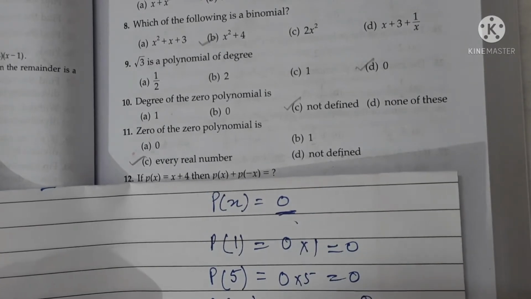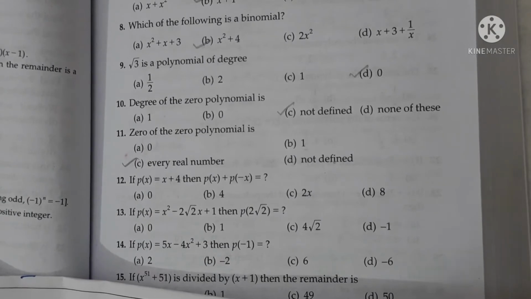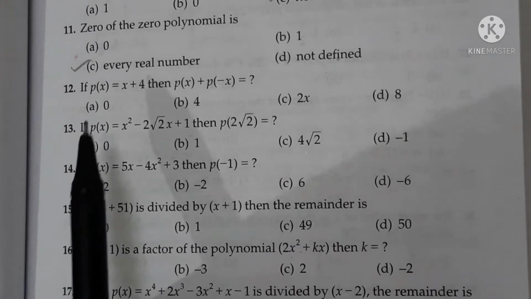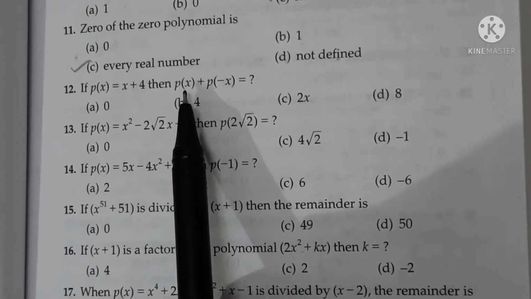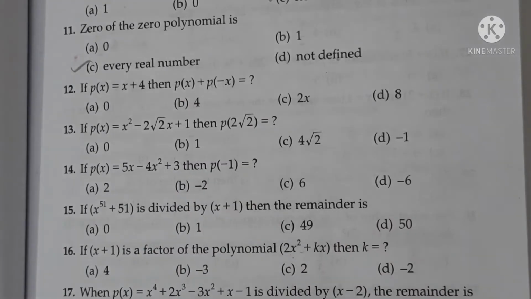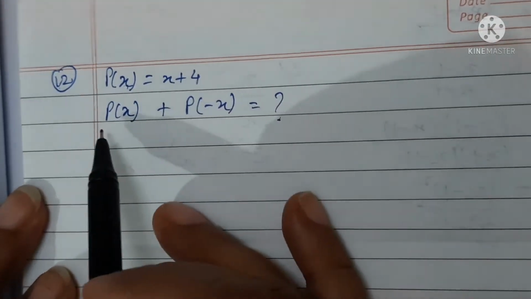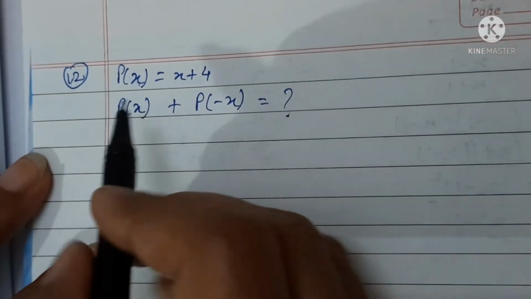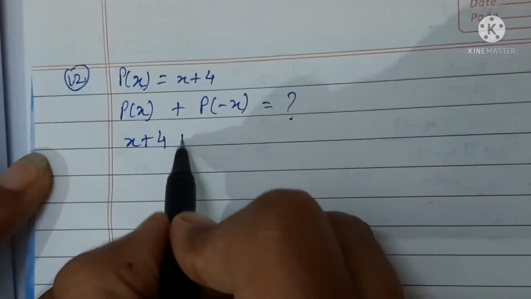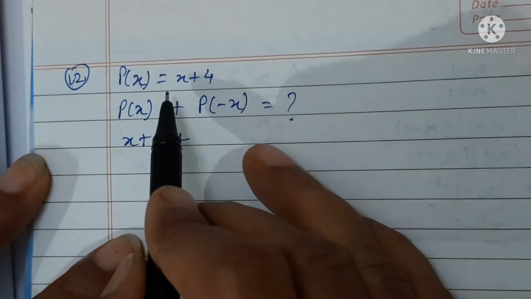Now next, come to question number 12. Px is equal to x plus 4. So we will get the value of px plus p minus x. Now px is equal to x plus 4, so we will solve it: px is equal to x plus 4, plus here substitute minus x in place of x.